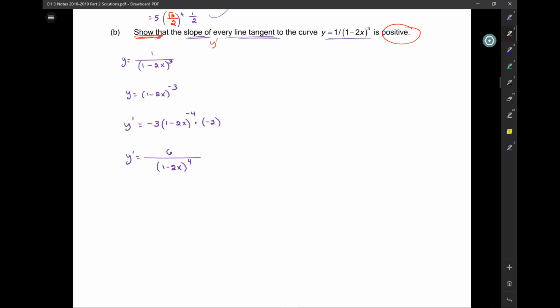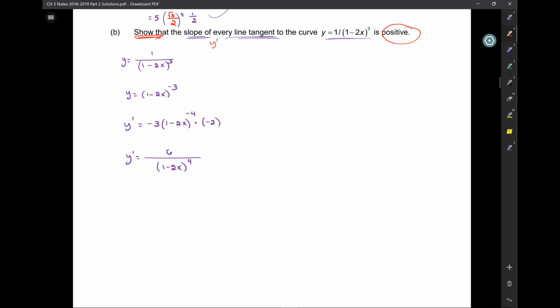Look at this. This is a fraction. What's the numerator of this fraction? Positive 6, right? The denominator is this. Can this denominator ever be negative? No, because whatever you get in here to the power of 4 is positive. Positive over positive is always positive.